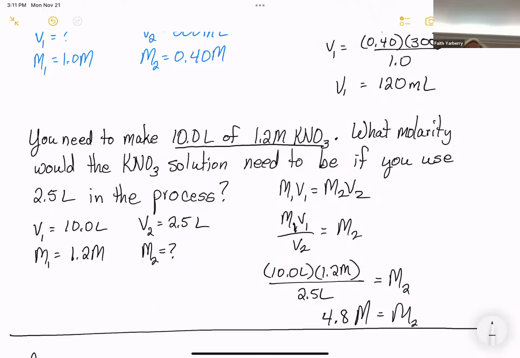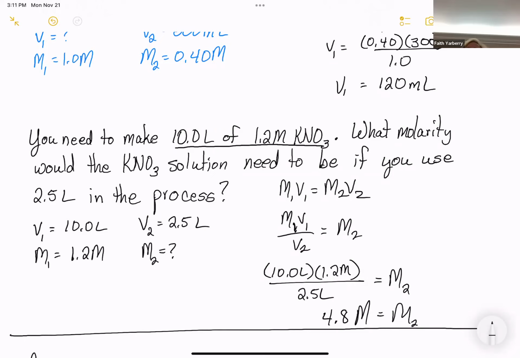So with respect to molarity, we have now talked about two things associated with molarity. The very first one was just the formation of a solution from a solid, where we would take grams of a substance and make a solution by dissolving those grams into a volume of water.